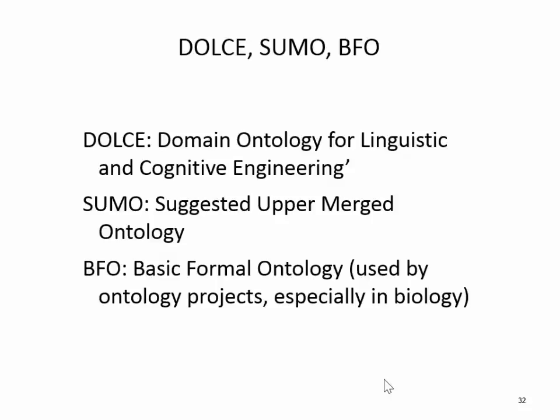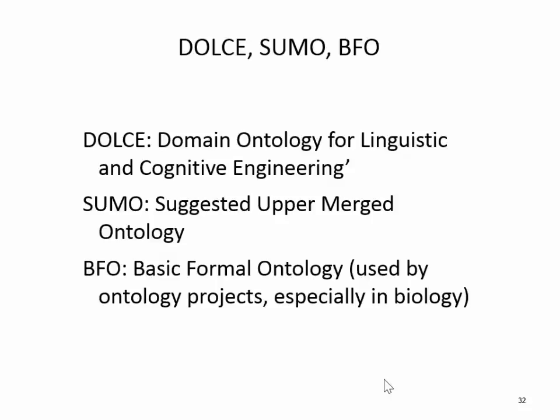Sumo contains a little bit of physics, a little bit of biology, so they have the term crustacean. They are not cleanly separated from domains. Also, Sumo has a lot of mathematics, which makes it somewhat difficult and a lot larger than BFO.